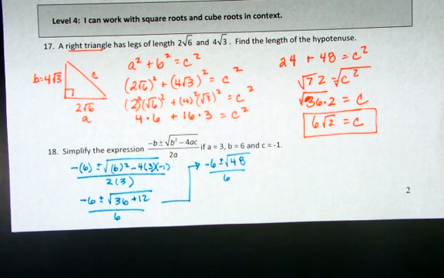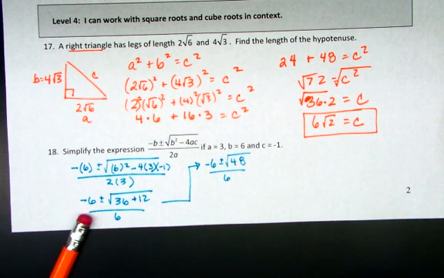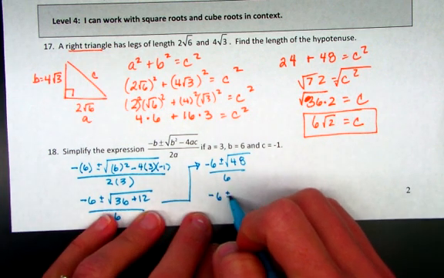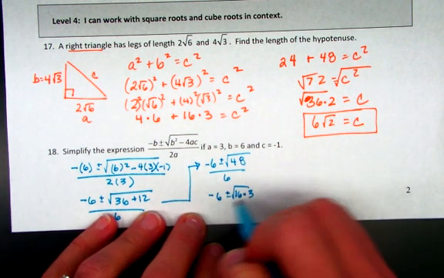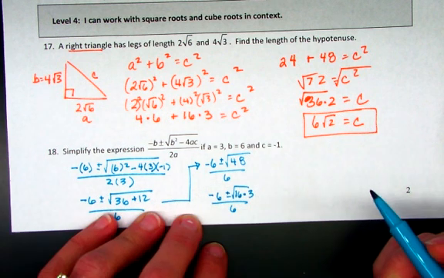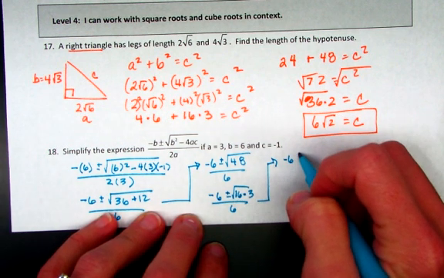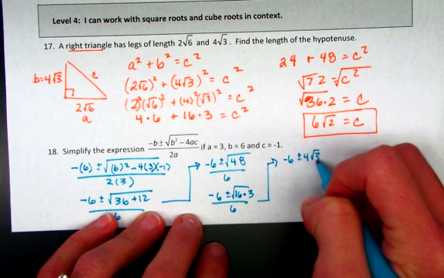And then 48, what goes in there? 4 times 12, is that 16 times 3? I believe that is. So this equals -6 plus or minus the square root of 16 times 3 over 6. And this equals -6 plus or minus 4 root 3 over 6.